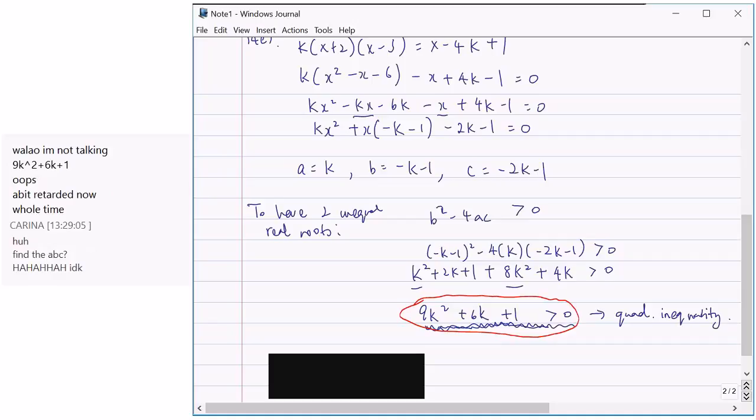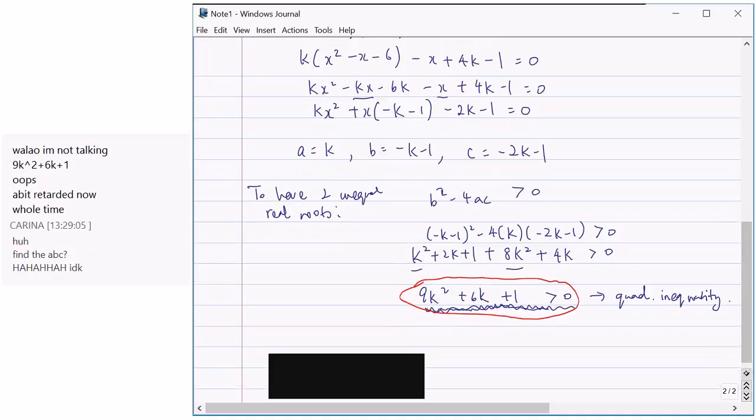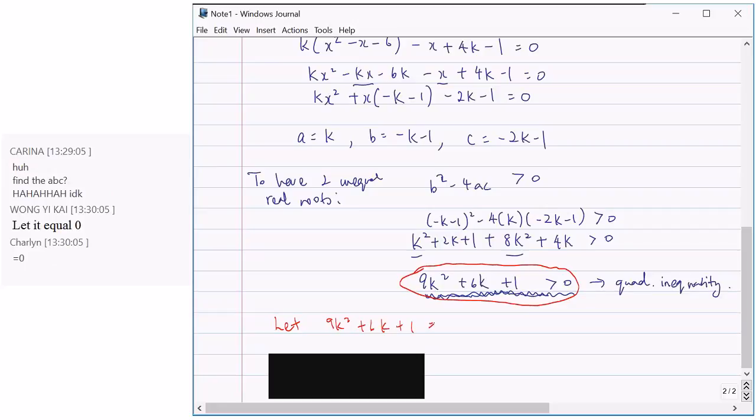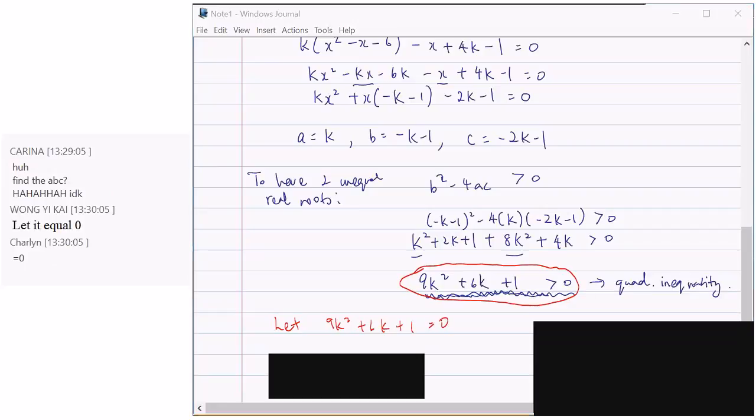Find ABC? No? That's not the step. Yesterday we did already. You first let 9k squared plus 6k plus 1 equal to 0, right? Solve it as if it's an equation first.